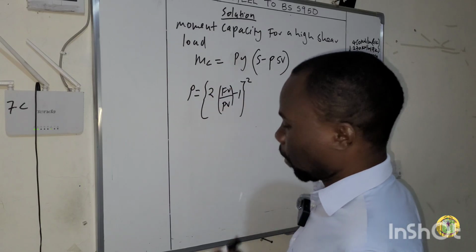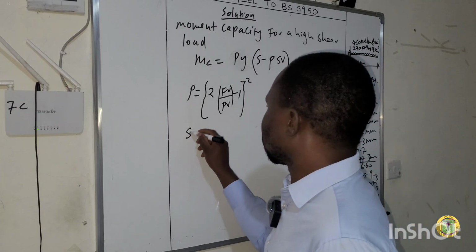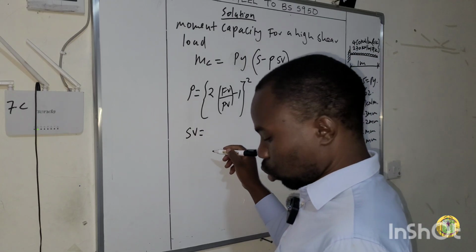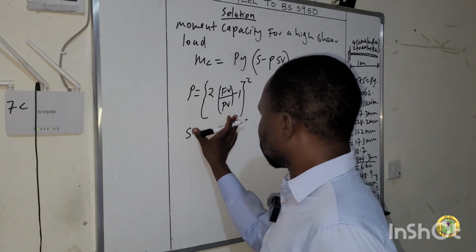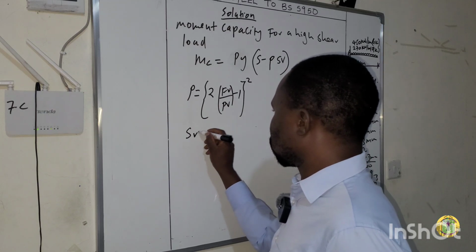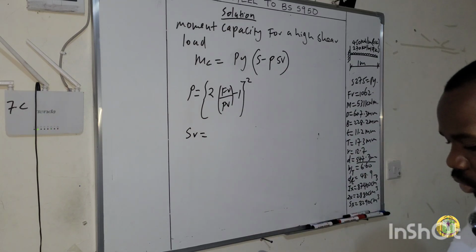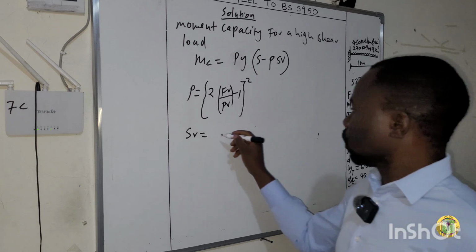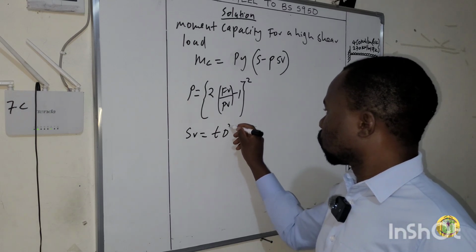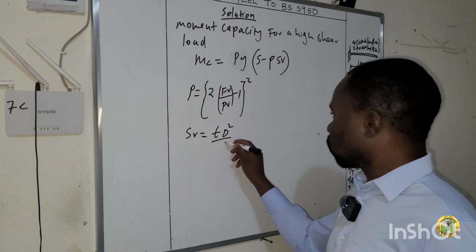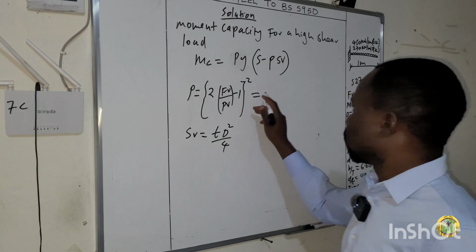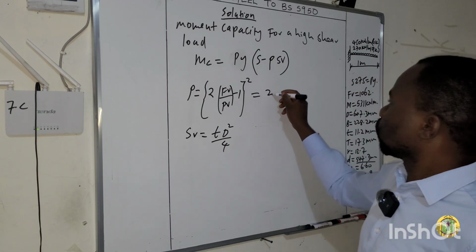Then square. And then SV is equal to TD square over 4. So let's begin with this one. So this is 2.